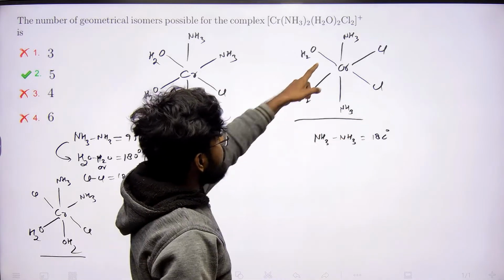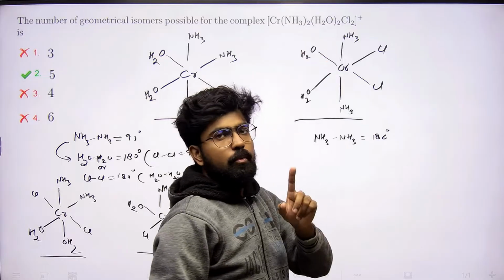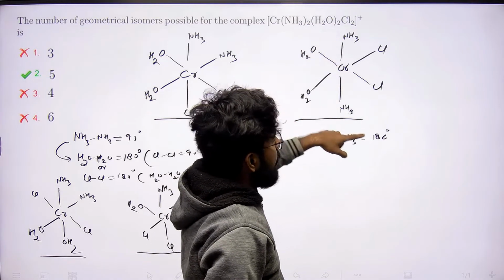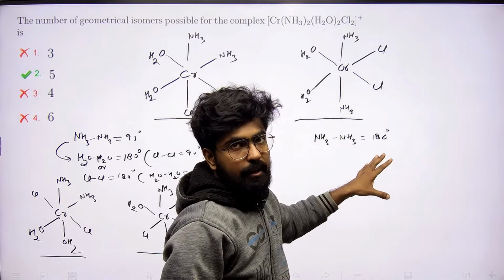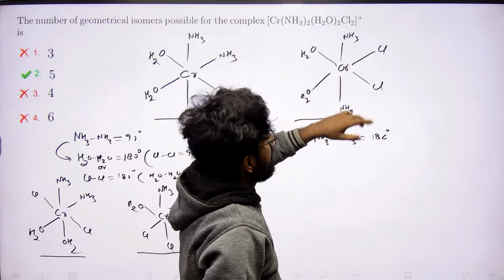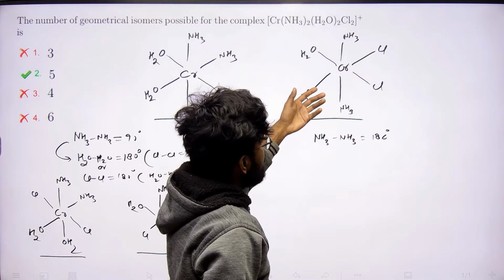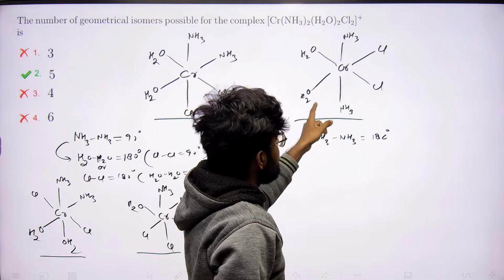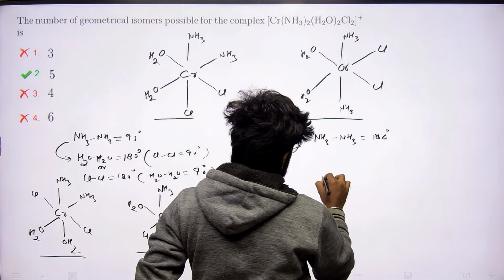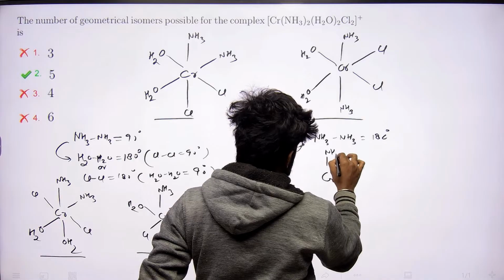Now in this particular arrangement, one more structure is possible without disturbing this NH3 at 180, because this is what we have taken as a reference. With H2O and Cl at 180, what other possibility lies there is H2O and Cl both at 90, right? So basically the other structure possible here is this one.